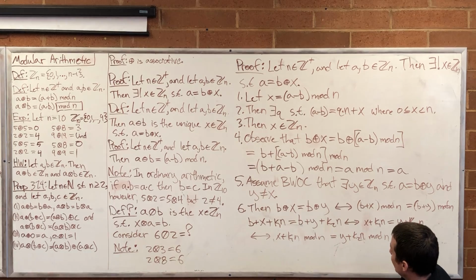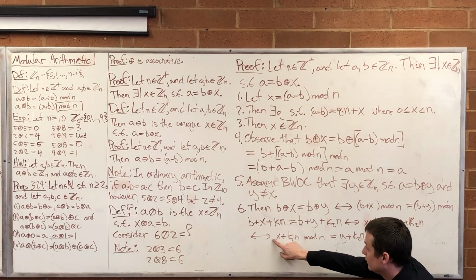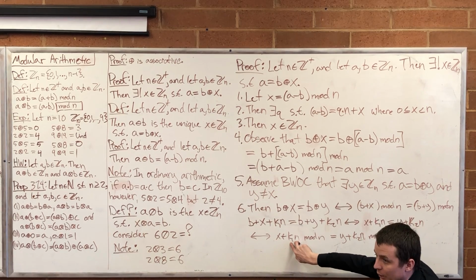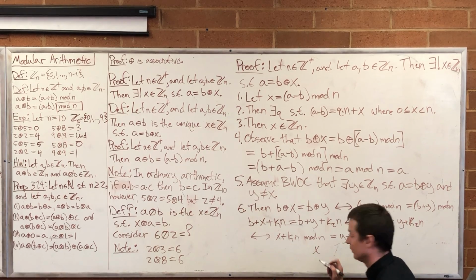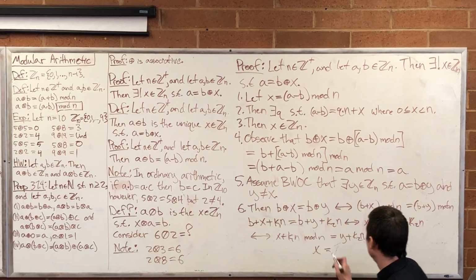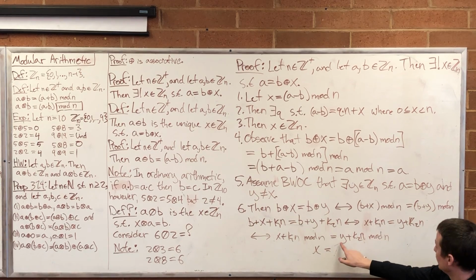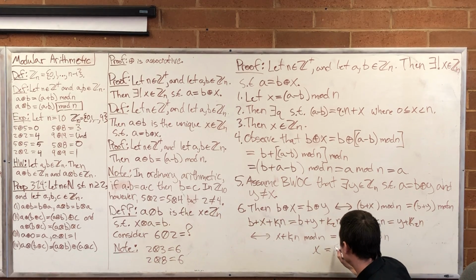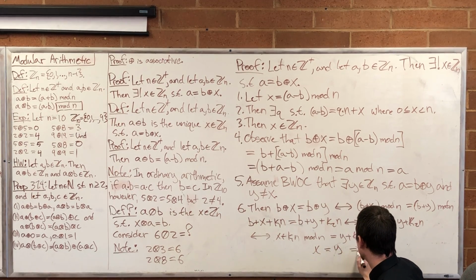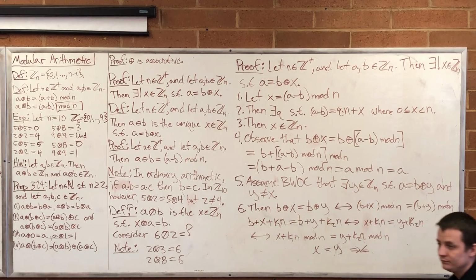And now, what is this same mod n? This thing's going to be 0. x was already in Zn, so this is just x. Similarly, that's 0. This was already in Zn, so its remainder when you divide by n is just y. So x is equal to y. Contradiction. There we go.